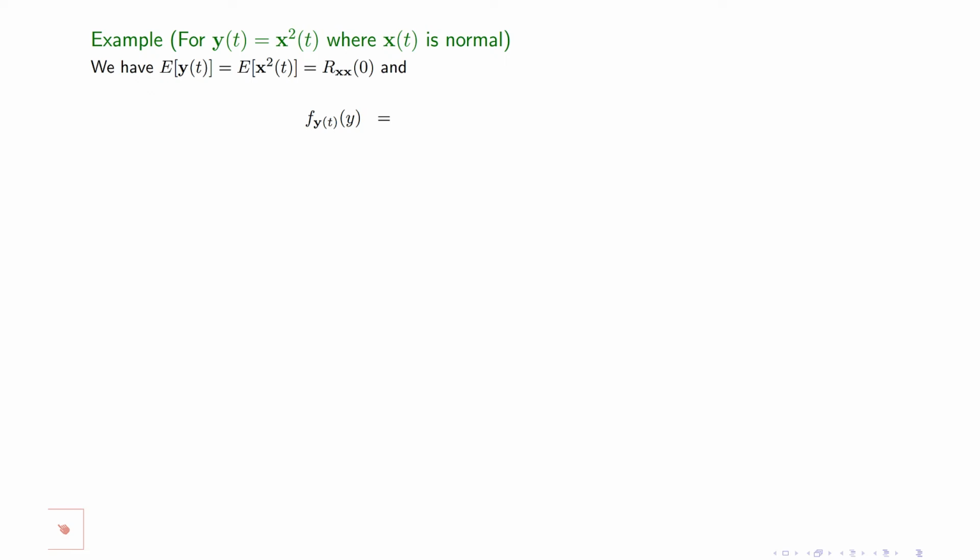So the PDF of one sample of y we have calculated in the previous slide is equal to this, and if it is stationary, then this is constant. So the distribution is a gamma distribution with parameter alpha equal to 1/2.